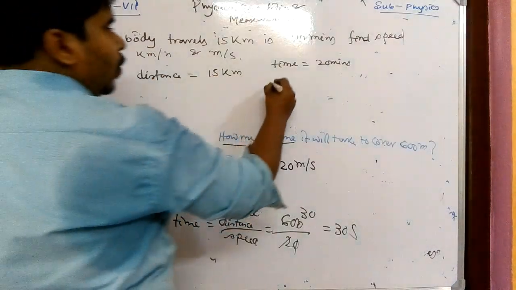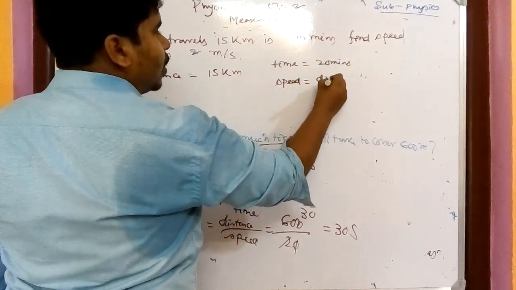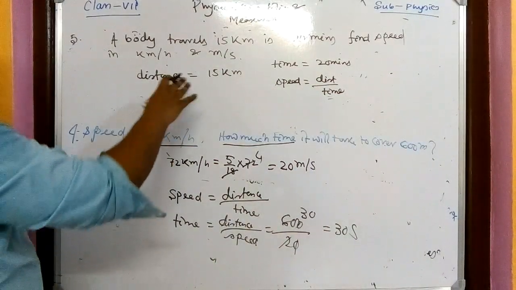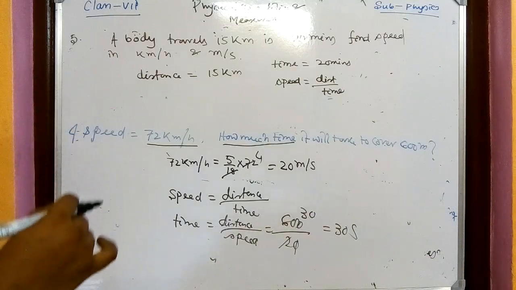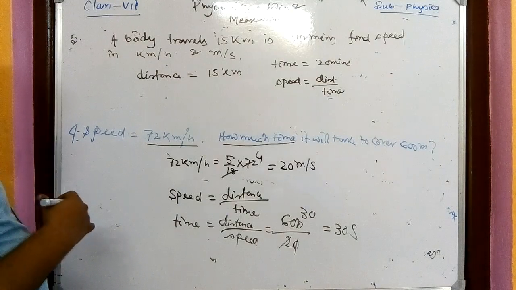If I want to find the speed, we know speed equals distance by time. So distance is given to you, that is 15 kilometer, but time is given in minutes, and it is asked to find kilometer per hour.